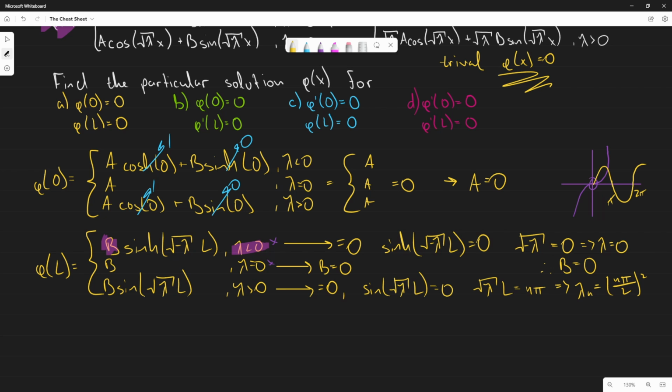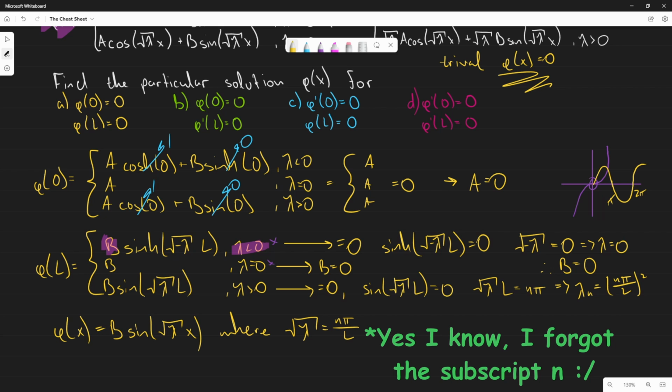And so for our solution for the first part, we will have phi of x equal to b times sine of square root of lambda x, where square root of lambda is equal to n pi over L. And this is only true for this particular case.